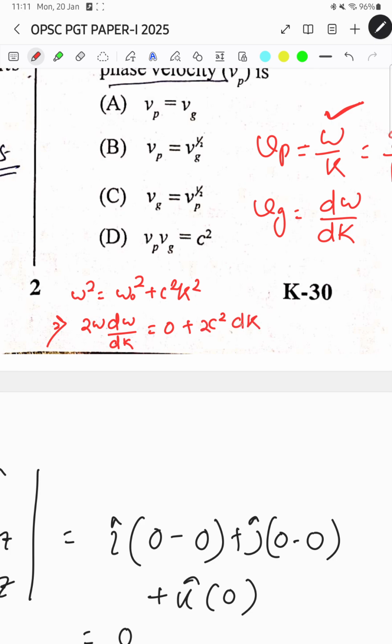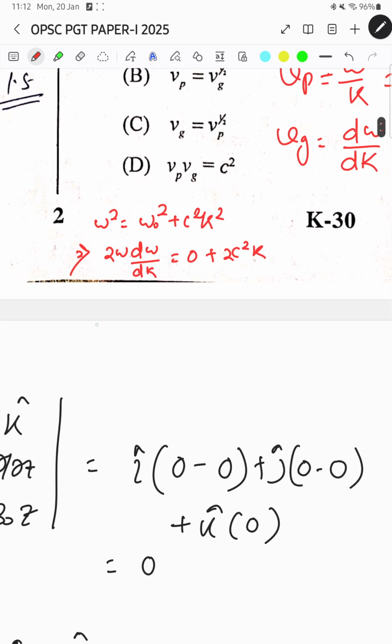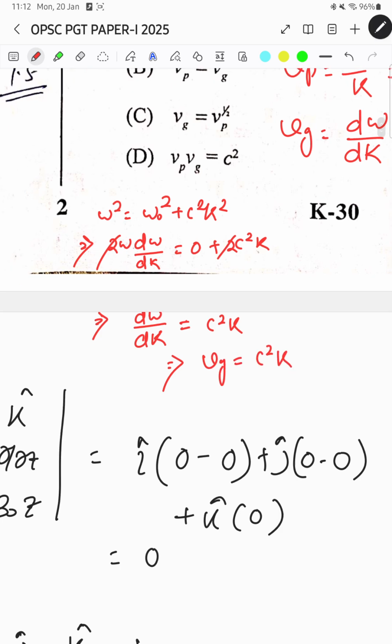If you do the derivative, you will get 2k only here. So the 2 cancels on both sides. So d omega by dk is nothing but c square k. Here d omega by dk is Vg, so Vg is equal to c square k.